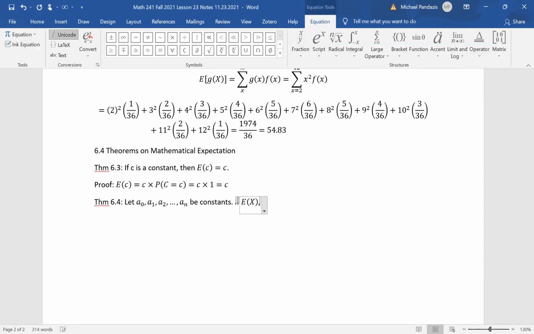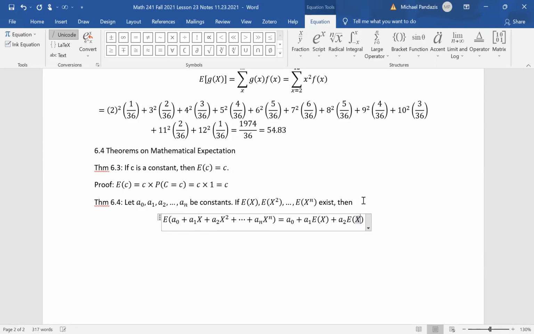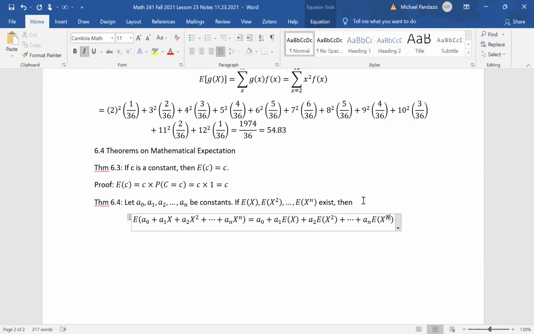If the expected value of x, expected value of x squared, up to including the expected value of x to the n exist, then the expected value of the polynomial a naught plus a1 x plus a2 x squared plus dot dot dot plus a sub n x to the n is equal to a naught plus a1 E of x plus a2 E of x squared plus dot dot dot plus a sub n E of x to the n. And so you have that equation.